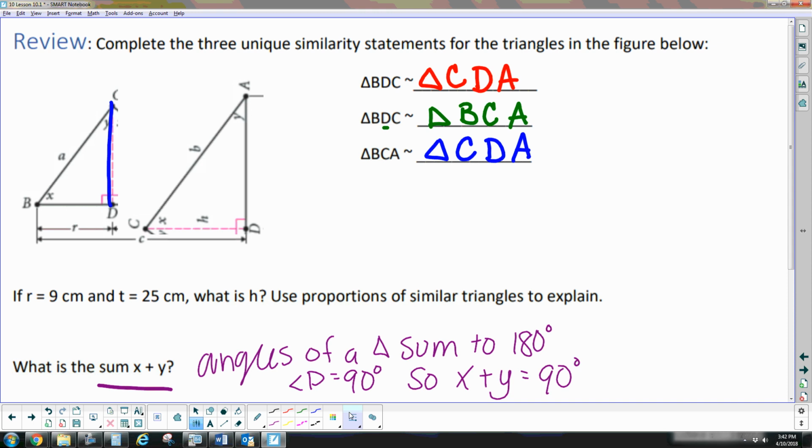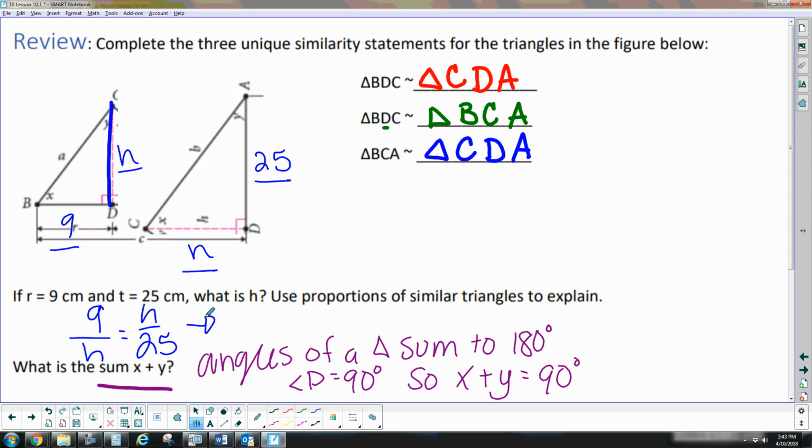So we know that R is 9 centimeters, and we know that T is 25, which this here is T. So let's write a similarity statement. 9 to h, those bases are going to be equivalent to the ratio h to 25.